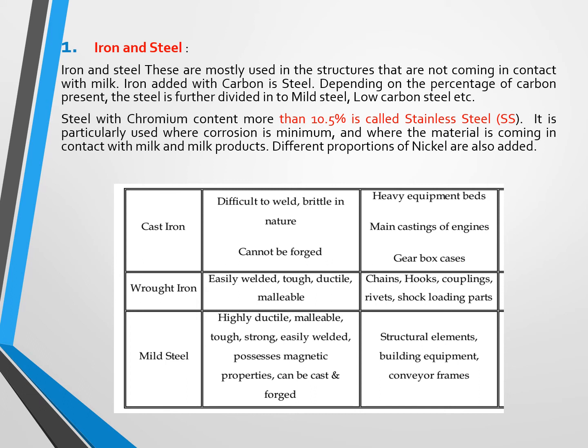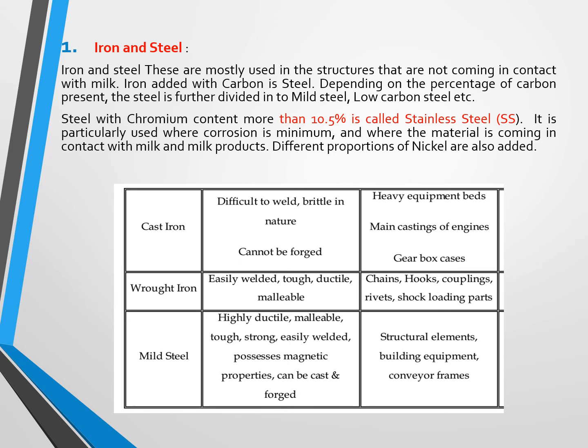Like cast iron, they are difficult to weld, they are very brittle in nature, and they cannot be forged. This cast iron is generally used for heavy equipment beds for welding purposes, and casting of engines, gearbox cases, etc. Wrought iron is usually welded tough, it is ductile and malleable, and it is basically used for making chains, hooks, couplings, rivets, shock loading parts like that.